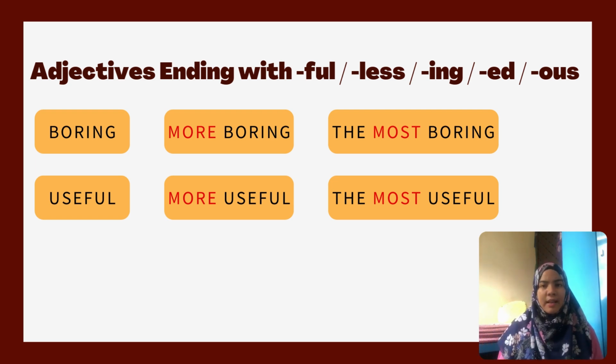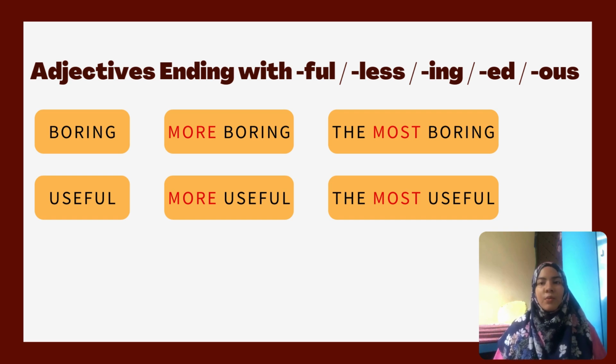For example, here we have boring. We cannot say boringer, boringest. Instead, we say boring, more boring, the most boring. It's also the same for the word useful. We cannot say usefuler, the usefulest, but we say useful, more useful, the most useful.